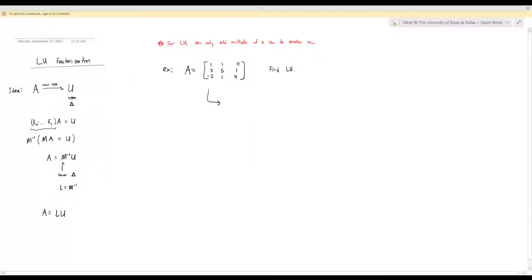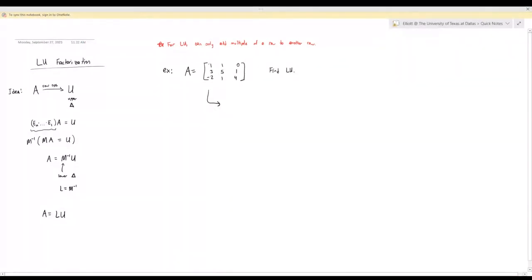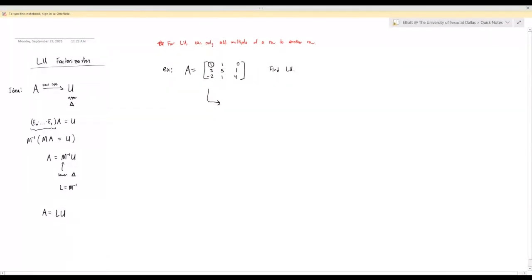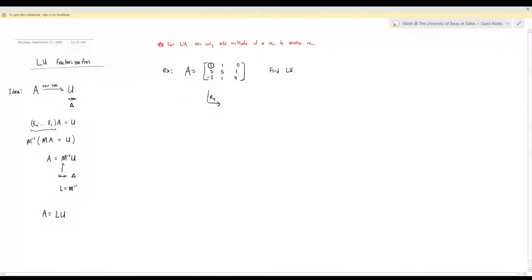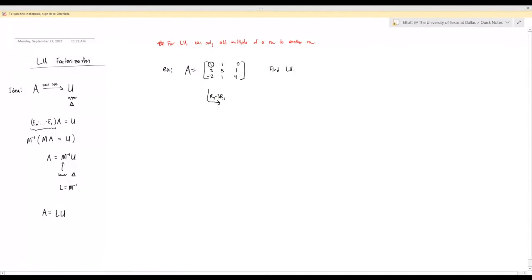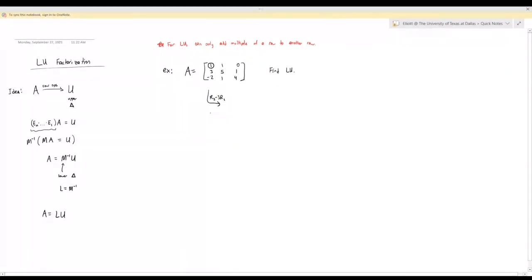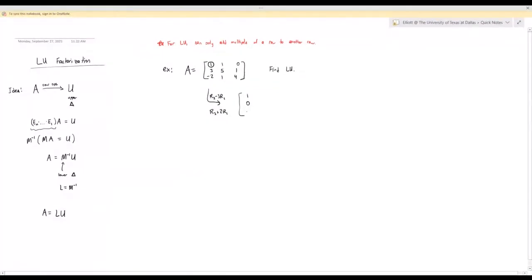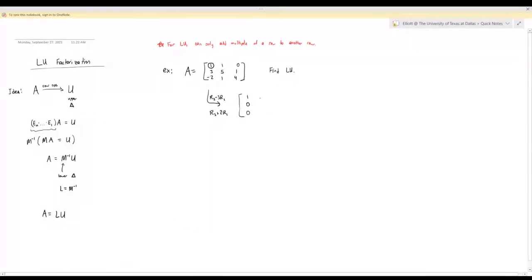So for example, in this problem, I'm going to use this one as a pivot. Okay? And I'm going to do row 2 minus 3 row 1, and I'm going to do row 3 plus 2 row 1. That'll give me zeros in the first column there.